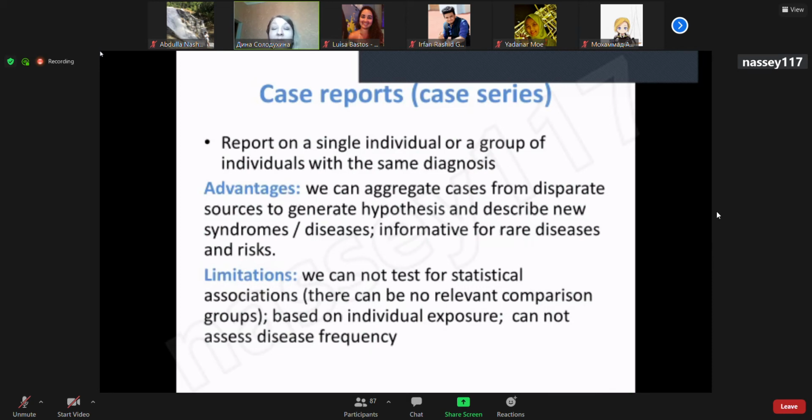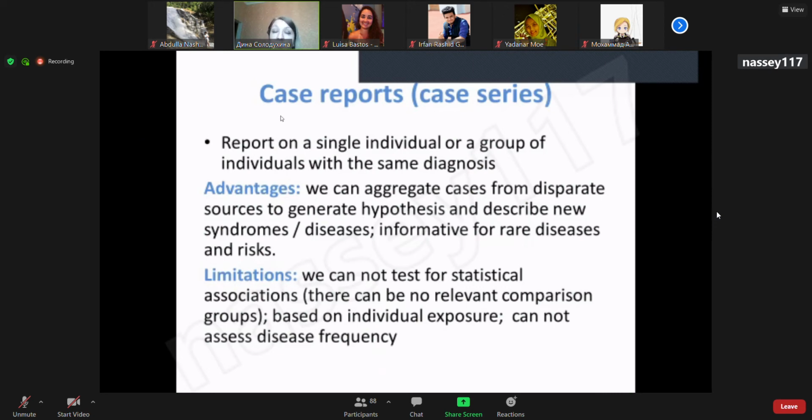Maybe we don't like it, but statistics is helpful, and only by the use of statistical associations can we make a summary of data. That is why a case report is not applicable to study disease frequency, and we cannot study exposures that are typical for many individuals.